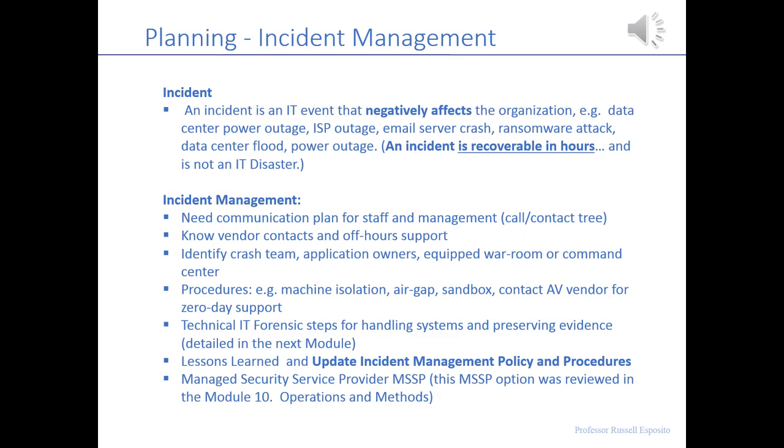You need to know your vendor contacts and off-hour support if you need to contact the vendor. Obviously have a crash team in IT, and know who the application owners are in advance for each application so they can be advised as to how they're being impacted. Equip a war room or a command center, usually a conference room with extra monitors and speaker phones, with a way to communicate with the group internally and externally.